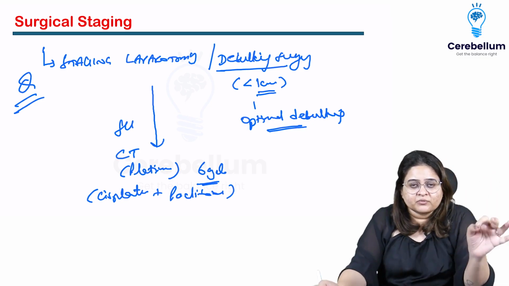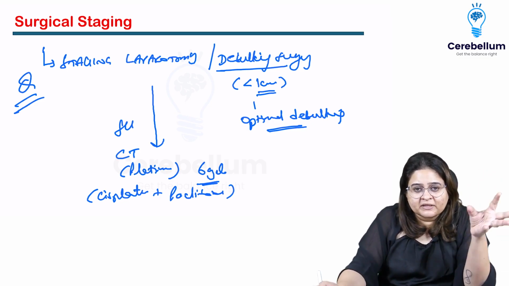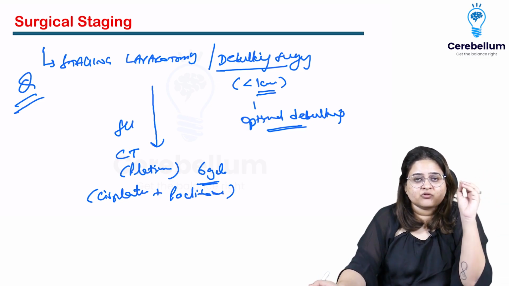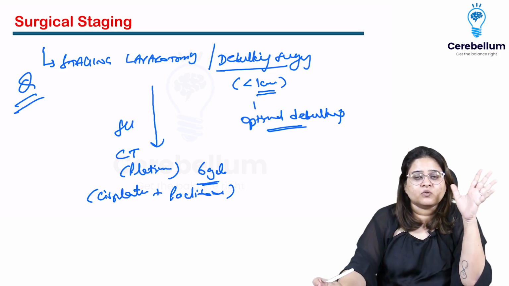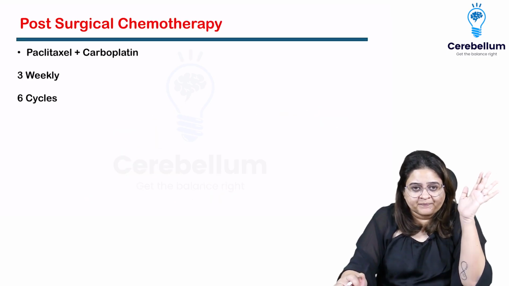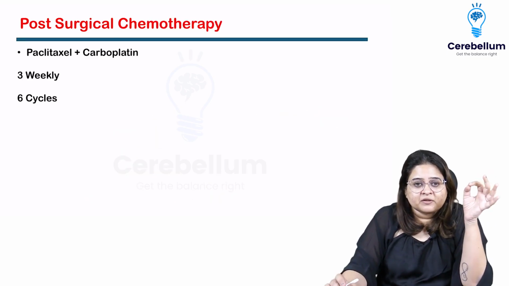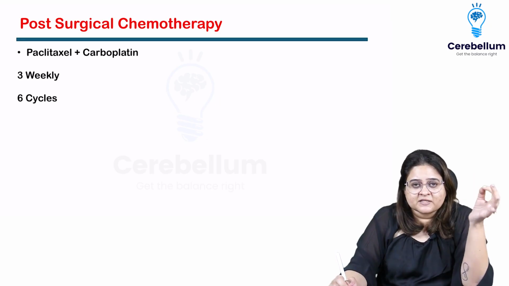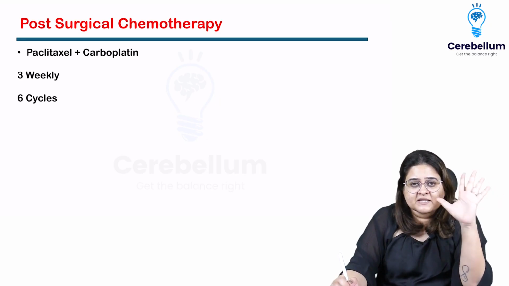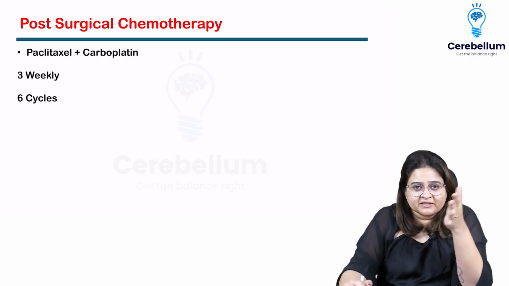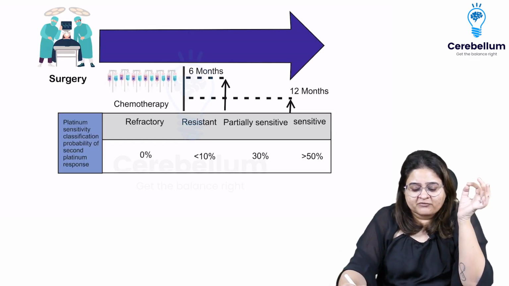So staging laparotomy, where you try to do an optimal debulking followed by 6 cycles of platinum based chemotherapy, is what is done in ovarian cancer. Now the chemotherapy is paclitaxel plus cisplatin or carboplatin. So 6 cycles are given every 3 weeks. And this is important, especially from the exam point of view.